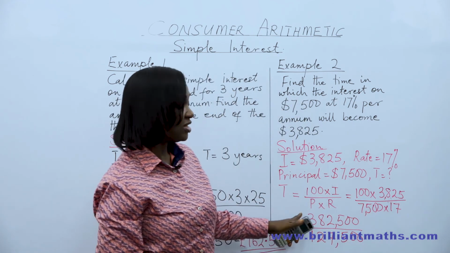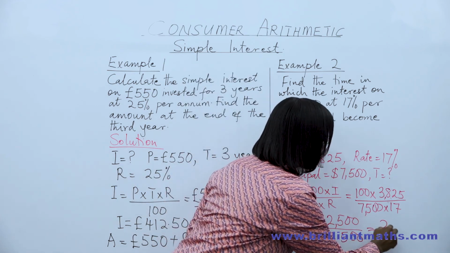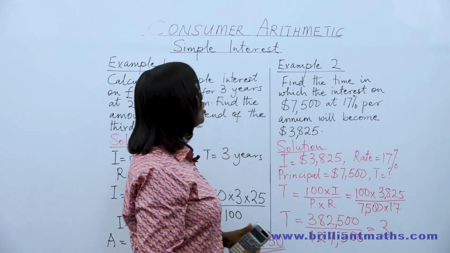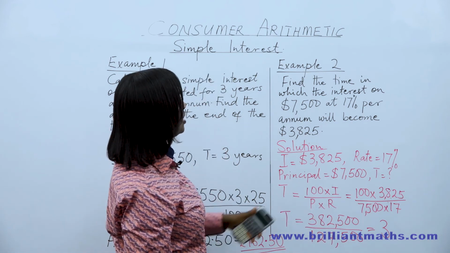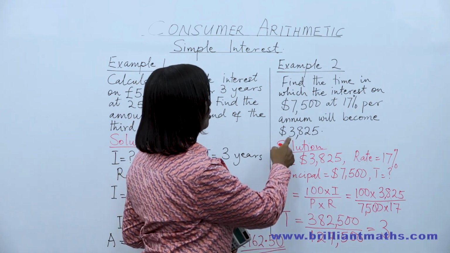If you divide this numerator by the denominator, you will get 3. So that means that the time is 3 years. So in 3 years, this investment will gain an interest of $3,825.